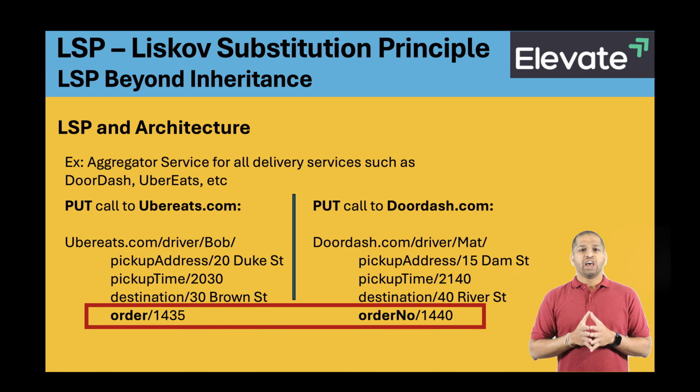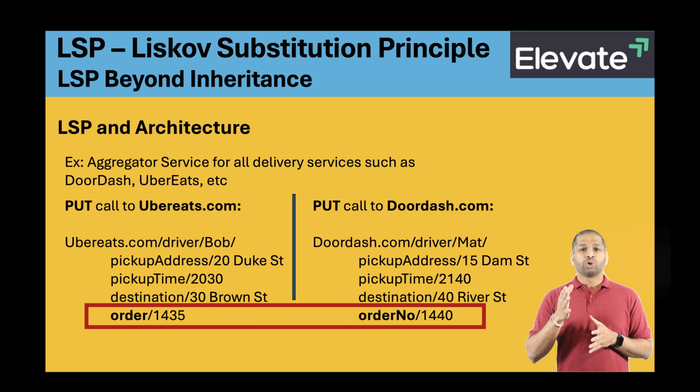Finally, we will see how the LSP extends beyond inheritance. It is not applicable only for the inheritance aspect, but if you are thinking of a much broader perspective of architecture, you can implement the same for API design as well. Let's assume we are creating an aggregator service for all delivery services such as DoorDash and Uber Eats.